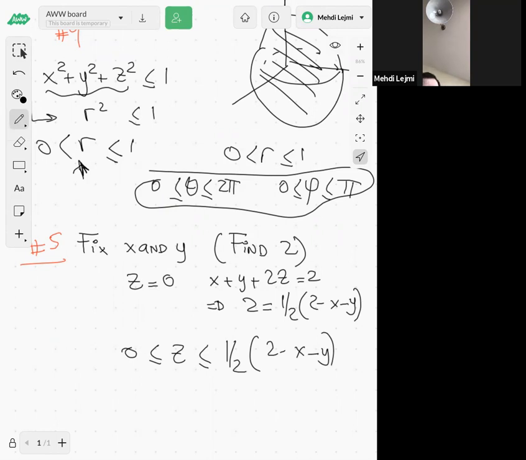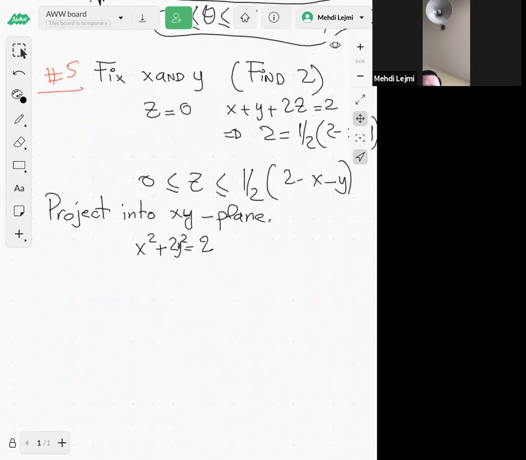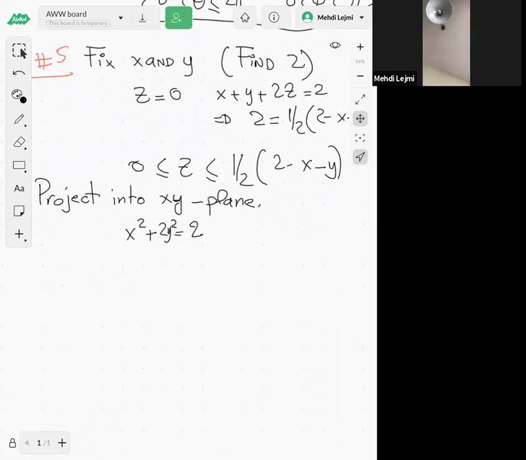Once you have the bounds for z, then you can move to x, y. So you project into the xy plane. What happens for the xy plane? Well, we have this equation x squared plus 2y squared equals 2.